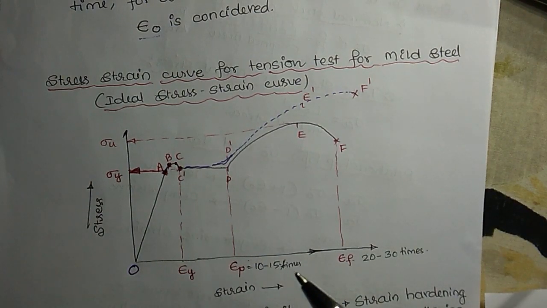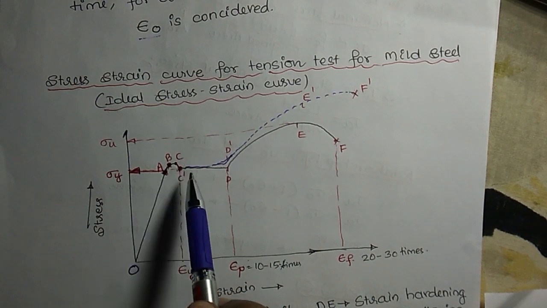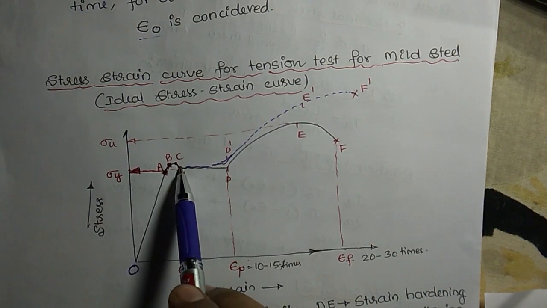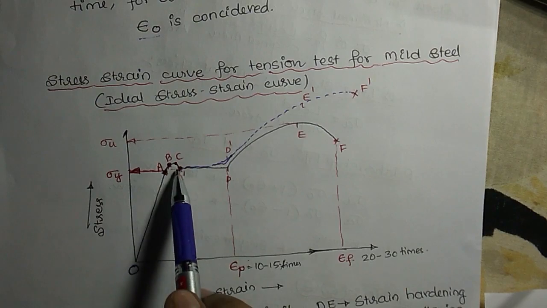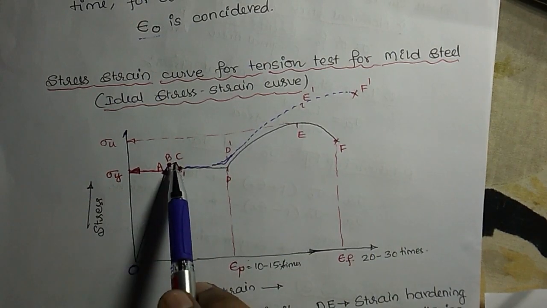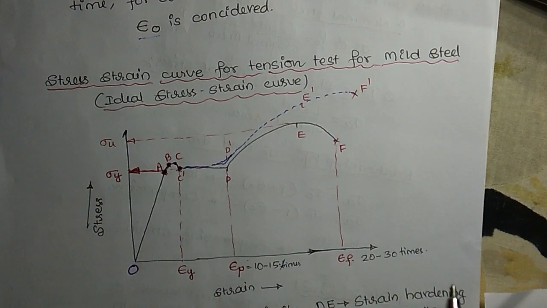original shape and size. And C and C dash are the upper yield point and the lower yield point. Yield means the material will start increasing its length without any further increase in the load. So there is a small gap between C and C dash.